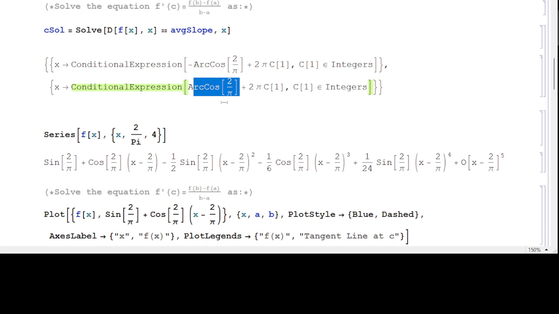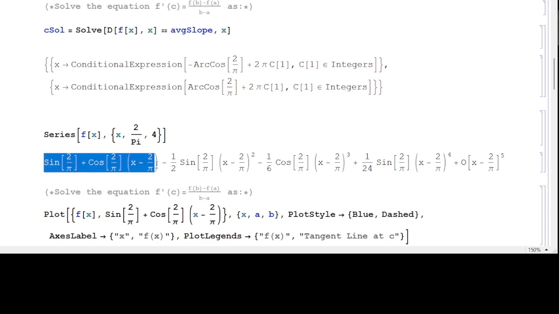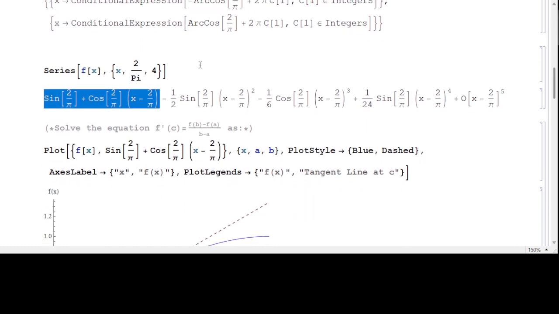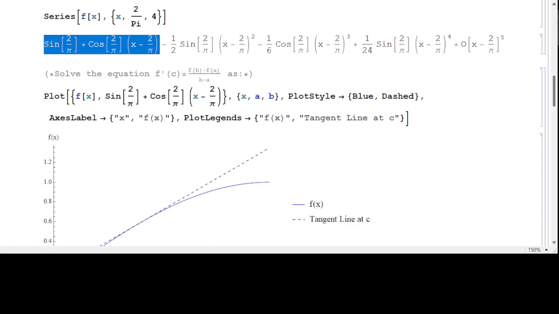Okay, so at point 2 by pi, we expand the original function, and this is the Taylor expansion. In order to get the tangent line at point 2 by pi, we make a choice of the first two terms of the Taylor expansion, and we can plot the original function and the first two terms of the Taylor expansion to draw the tangent line onto the original function.